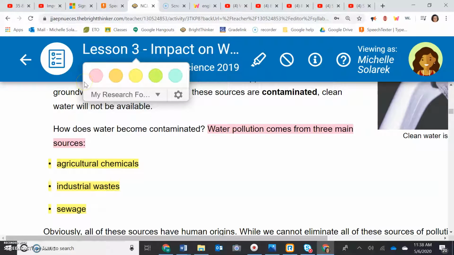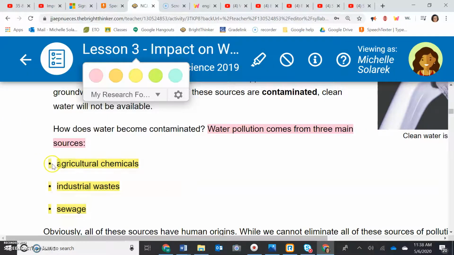Number 3. Water pollution comes from 3 main sources. What are they? For number 3, please list the 3 main sources of water pollution.